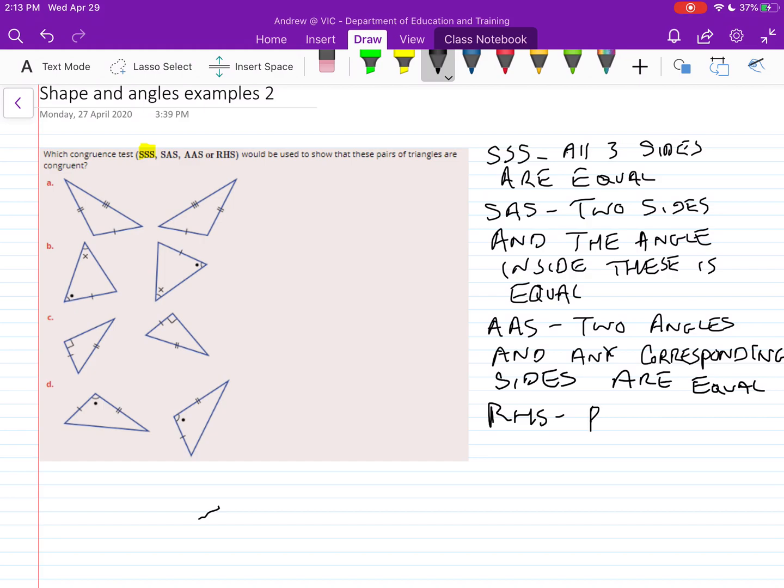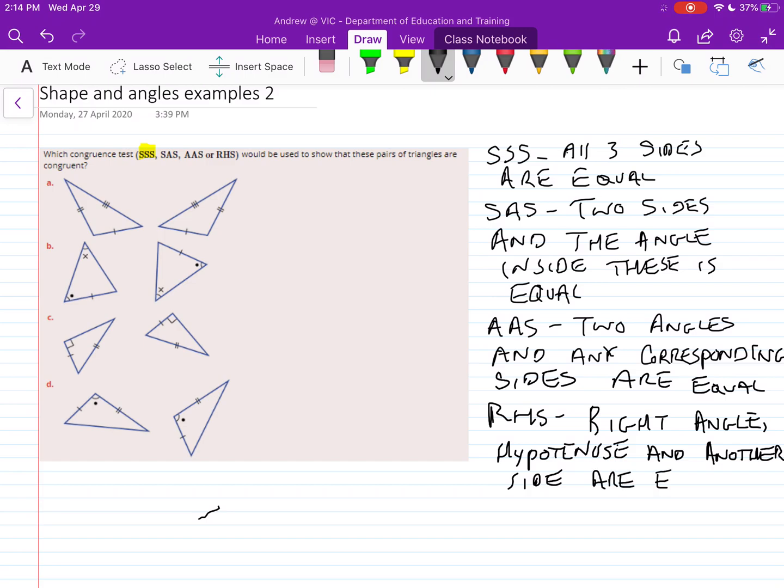So we have a right angle, hypotenuse, and another side. Okay. Sorry about the writing there.